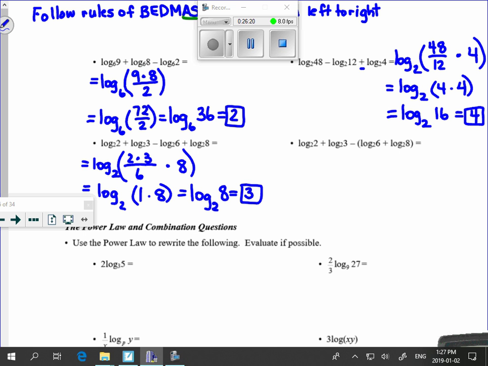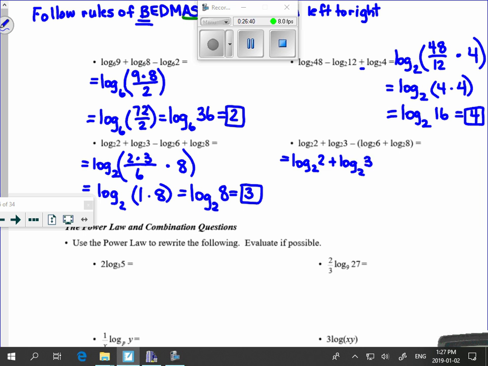Okay, let's try this one. Now we do have brackets in this one. And what that means is, according to BEDMAS, I need to do brackets first, okay? So I'm going to just leave the rest of this for a minute. Log in base 2 of 2 plus log in base 2 of 3.